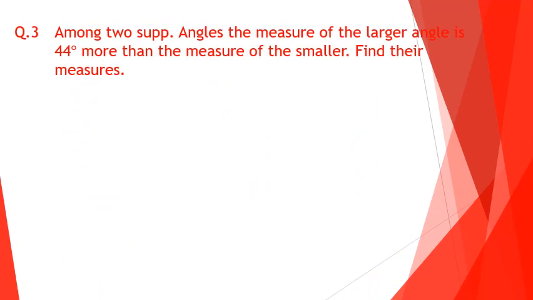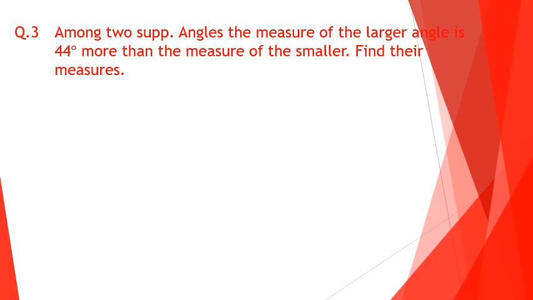Next question, question number 3. Among two supplementary angles, the measure of the larger angle is 44 degrees more than the measure of the smaller angle. Find their measures. We have to find the measure of the supplementary angles.